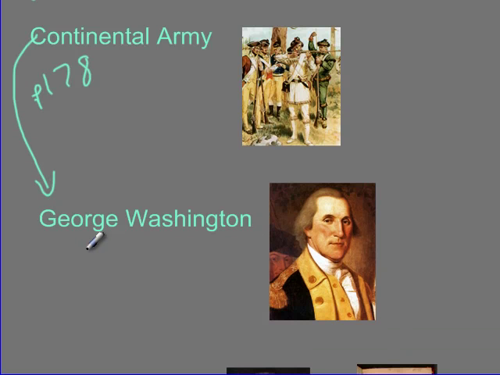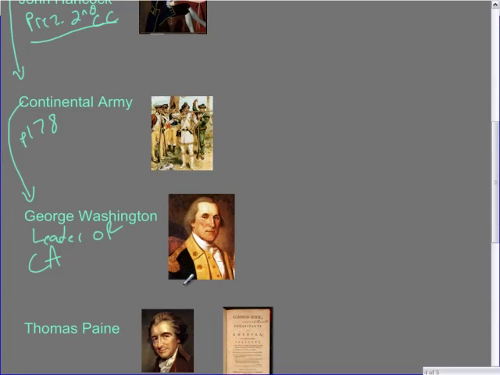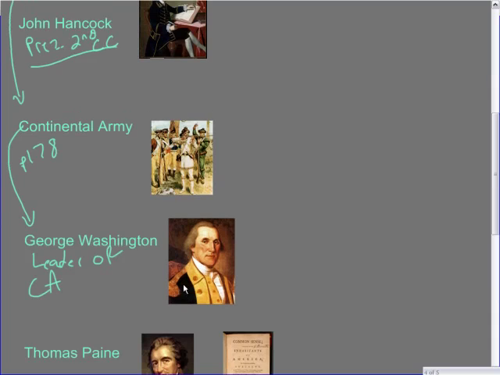So George Washington is the leader of the Continental Army, and that's important because we're going to see him take on a larger role after the Revolutionary War. Maybe, if we win this time, who knows.